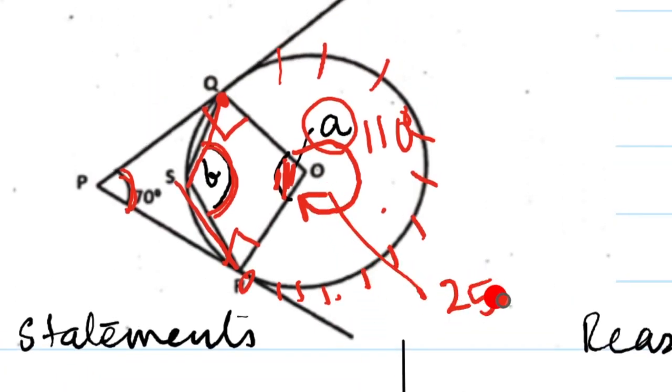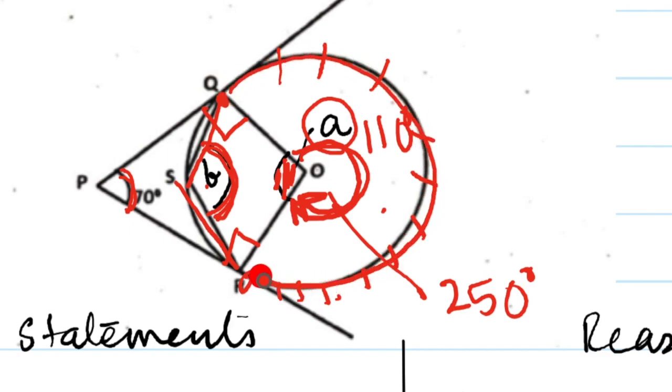This is 250 degrees, and this is going to be connected with this angle because this one is the angle at the center and this is the angle at the circumference, which is subtended by the same arc, which is the major arc. Okay, this is subtending this angle at the center and this angle at the circumference. So 250 and this B, they will be connected as half.